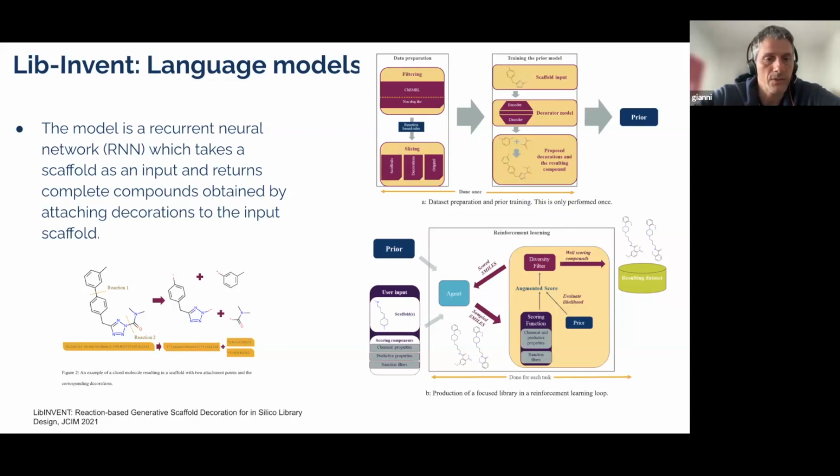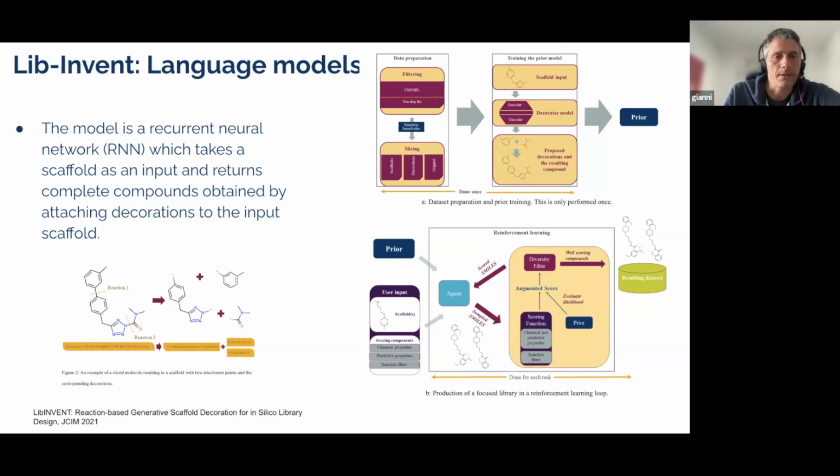This was, however, in 2021, so a little bit earlier. And it just optimizes the language model to generate molecules which are more fit to the target, for instance. So it doesn't have a 3D structure, it's not structure-based in a sense. The only connection to the structure is through the reward of the reinforcement learning.